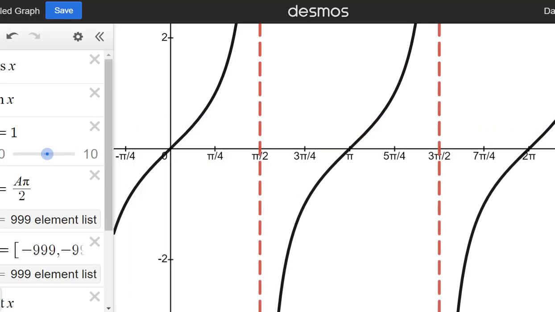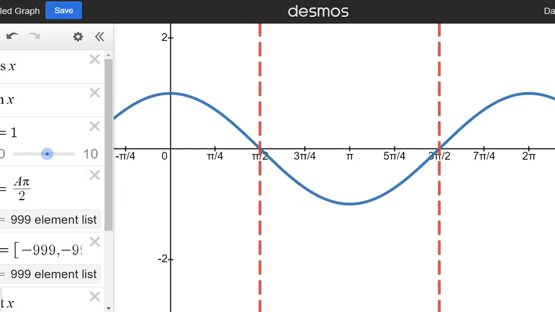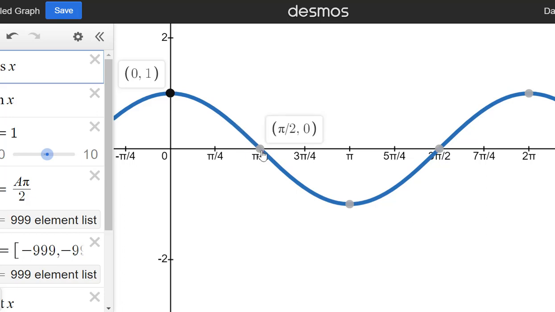And again, we can see that if we turn the cosine function on to complete one full cycle. Let me turn tangent off and the asymptotes here. If we take a look at the cosine function, to get from 0 to 1, go all the way down. So this is basically the first quadrant. If you think about the unit circle, first quadrant, we've got some positive values of x and y.